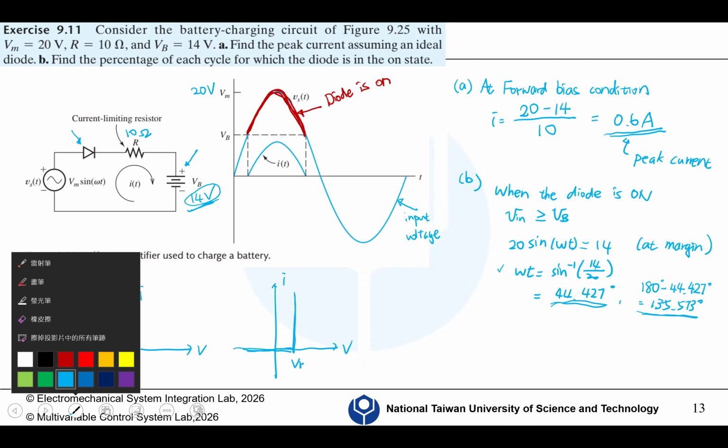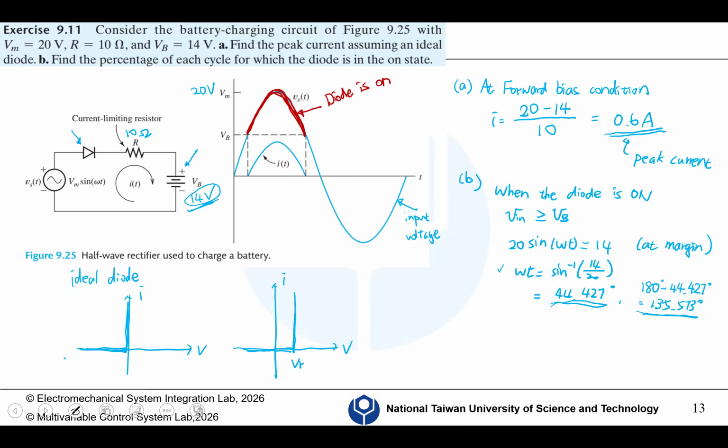If we draw the whole circle as 360 degrees, the first angle where it starts is 44.427 degrees, and here it will be 135.573 degrees. Let me double check.